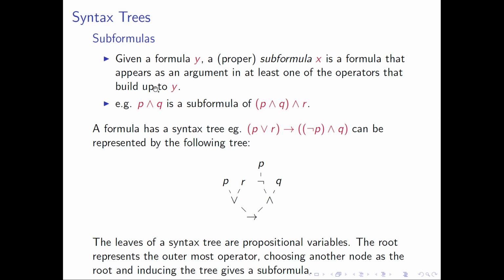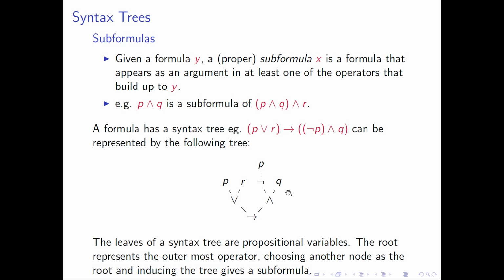A formula itself has a syntax tree. This describes how the connectives relate to each other and the variables, and at what level they are. For this formula here, this implication, this conditional, is at the highest or base level, and then the tree is formed by looking into each of the components and seeing what their outermost level is.